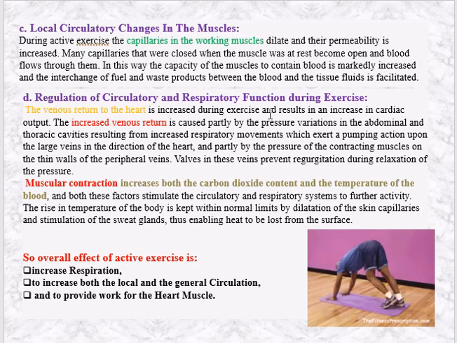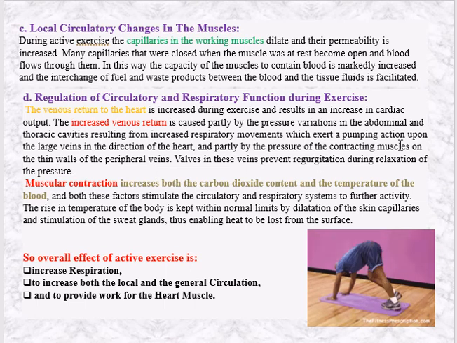Regulation of the circulatory and respiratory function during exercise. The venous return to the heart is increased during exercise, and this results in an increase in the cardiac output. The increased venous return is caused by the pressure variations in the abdominal and thoracic cavities resulting from the increased respiratory movements, which exert a pumping action upon the large veins, by the action of the heart, and partly by the pressure of the contracting muscles on the thin walls of the peripheral veins.